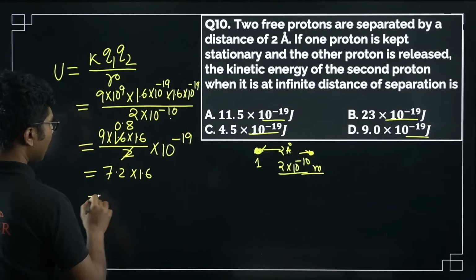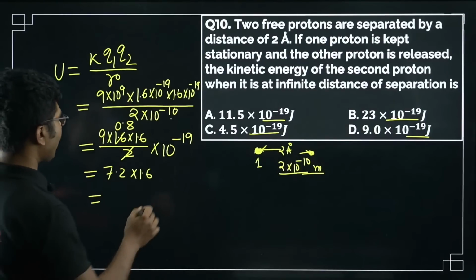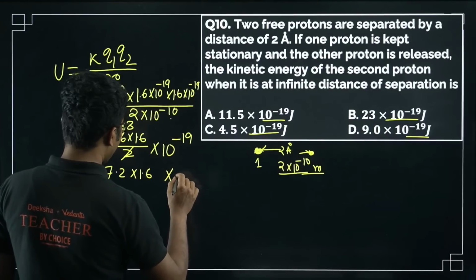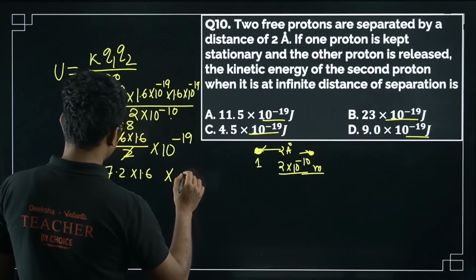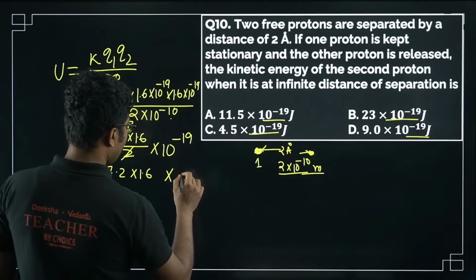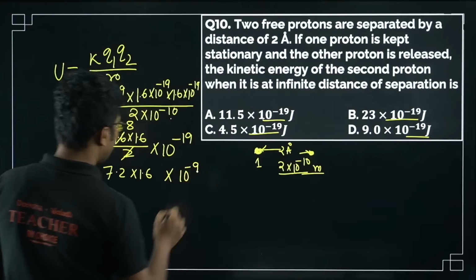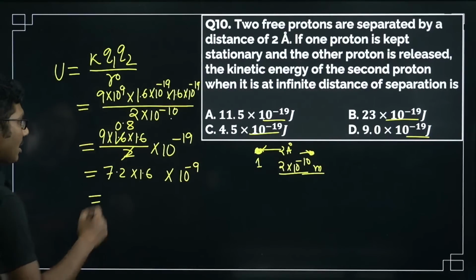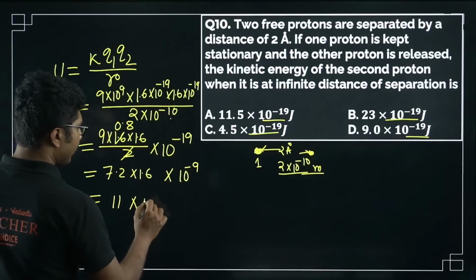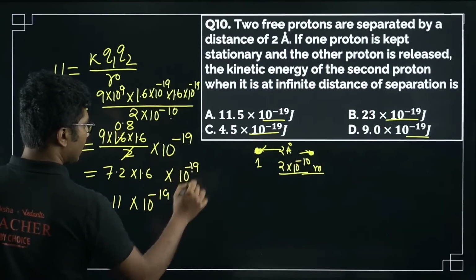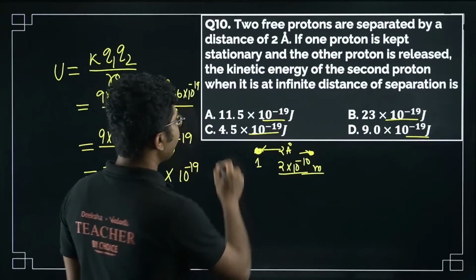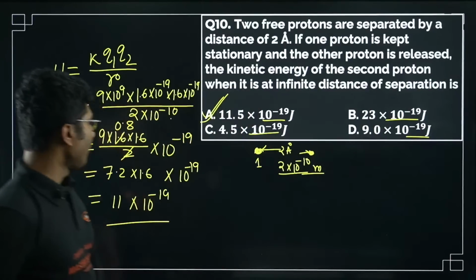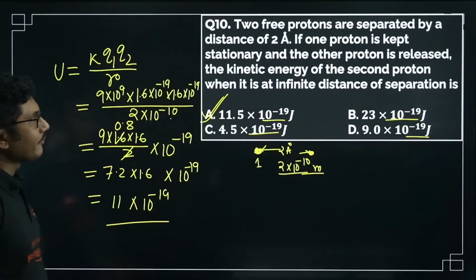You can consider 1.6 to be 1.5, so it will be 10.8, about 11 into 10 to the power of minus 19. If you see, the correct answer is 11.5. So 11.5 is the correct answer.